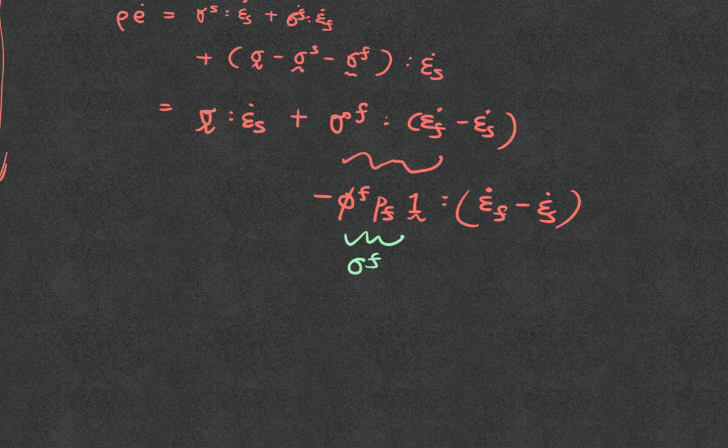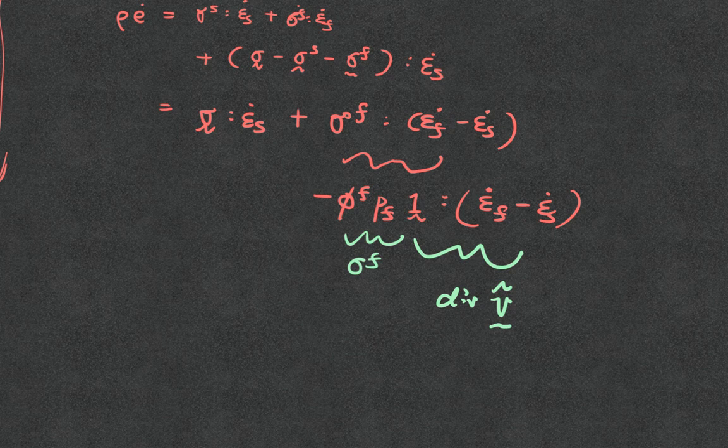And this whole term, identity double dot the strain rate difference between the fluid and solid, has a more convenient name: it is just the divergence of the relative velocity. I hope by now you get it.